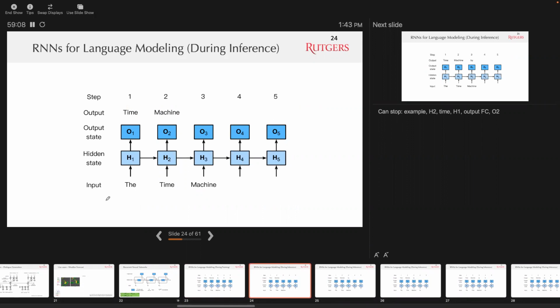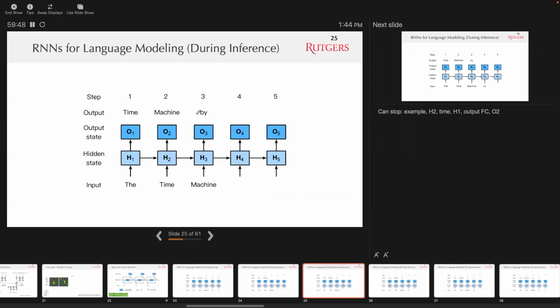You put these 3 words here, and after your neural network gets trained, you can easily compute H2, and combining H2 and the word machine, you can compute H3. Then using the output computation, you can compute Y3, so you can predict the next word.